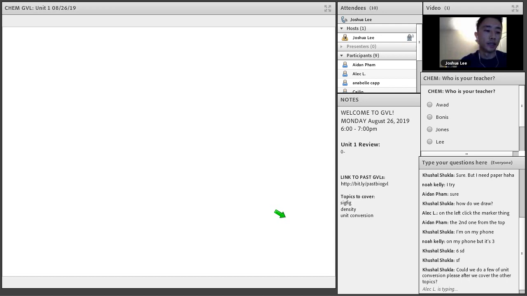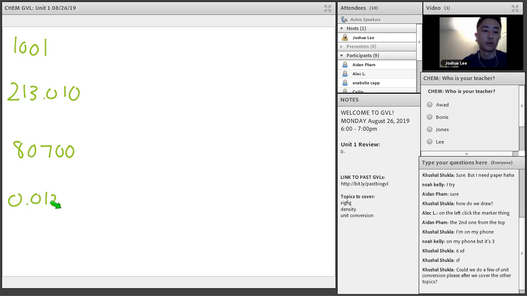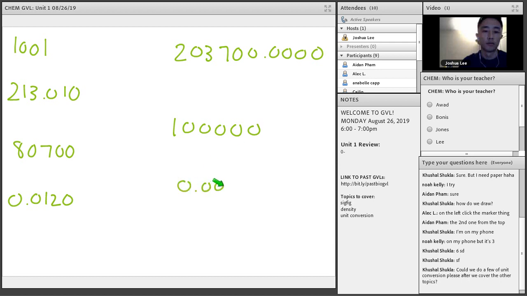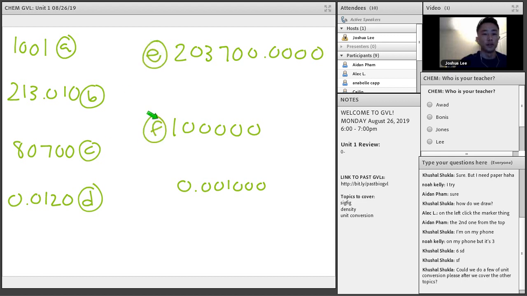So, last few random sig fig numbers. We'll call these A, B, C, D, and so on.